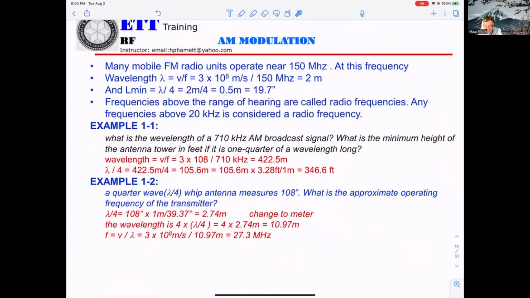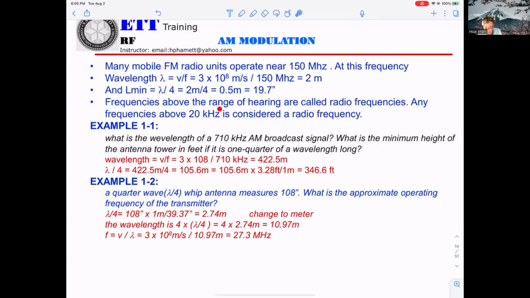Many mobile FM radio units operate near 150 megahertz. At this frequency, the wavelength is 2 meters, and the quarter wave minimum is 19.7 inches.